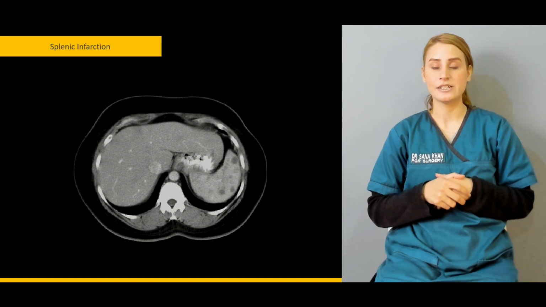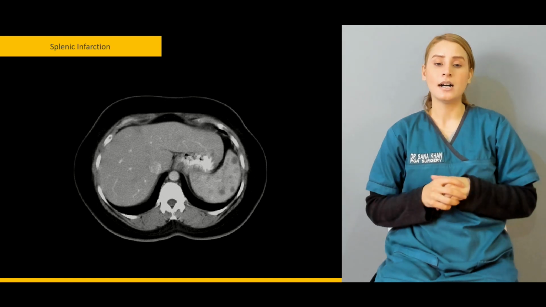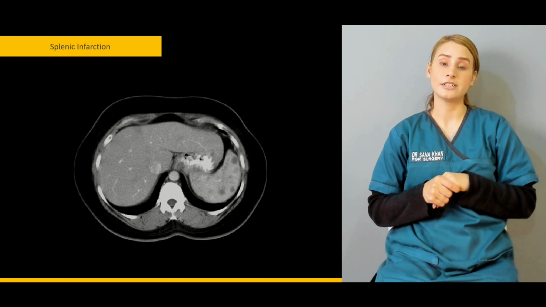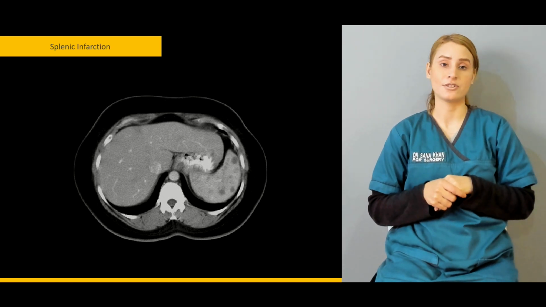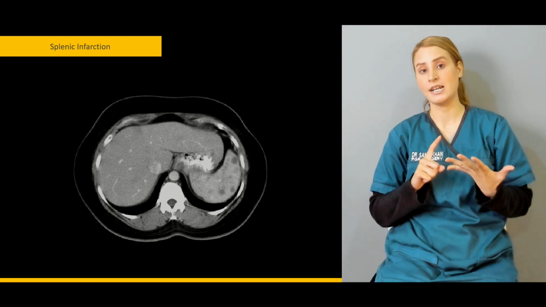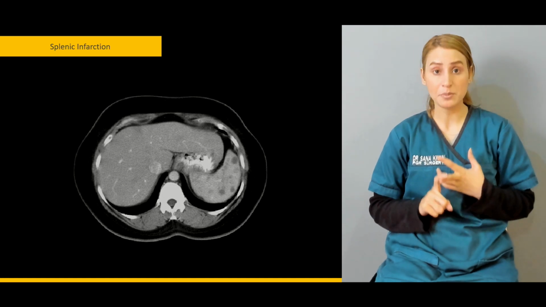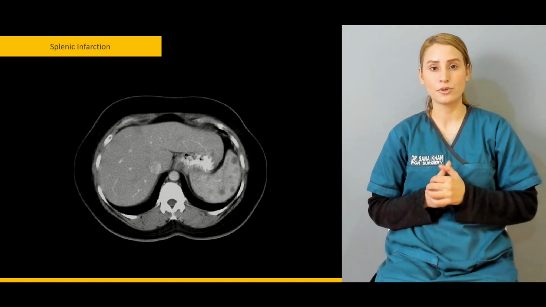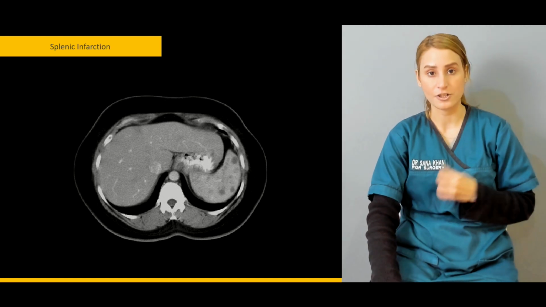It can lead to splenic infarction, or infarction can be secondary to vaso-occlusive processes happening in the artery, such as thrombus formation, atherosclerosis, or emboli. So embolism remains the single most important cause of splenic infarction especially.